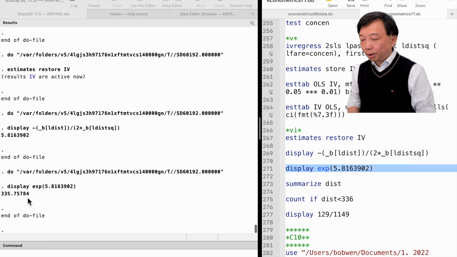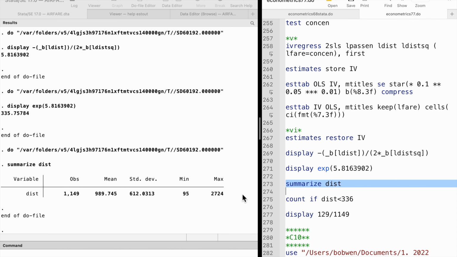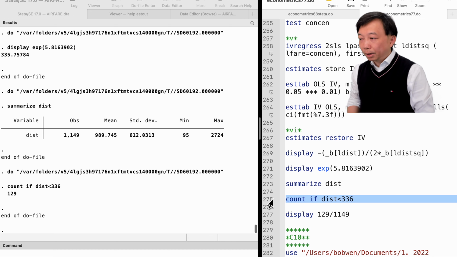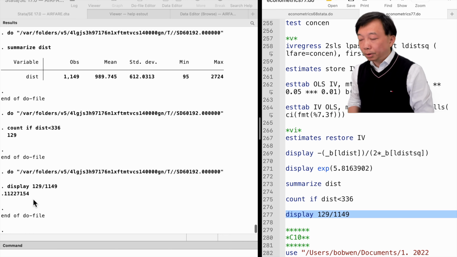Before that point, the demand for airline seats decreases with distance. After that point, the demand increases with distance, holding the airfare constant. About 11% of the observations are below the turning point distance in this sample.